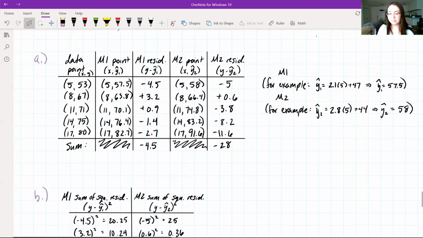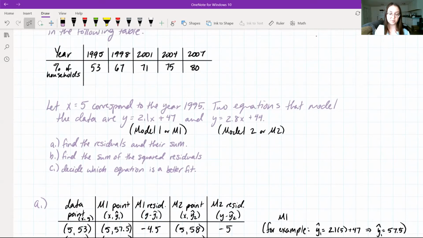All right. So we've calculated all these residuals, and we've decided that Model 1 was a better equation for a better fit of our data.